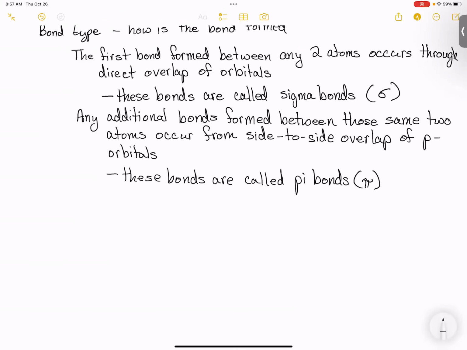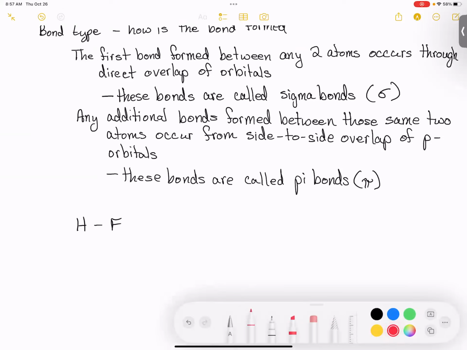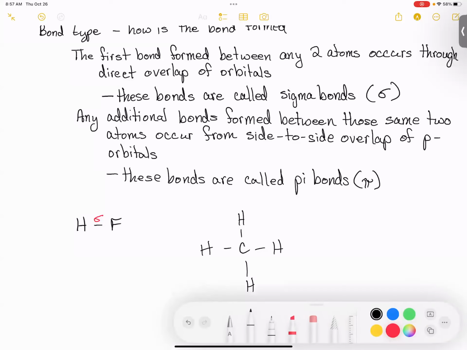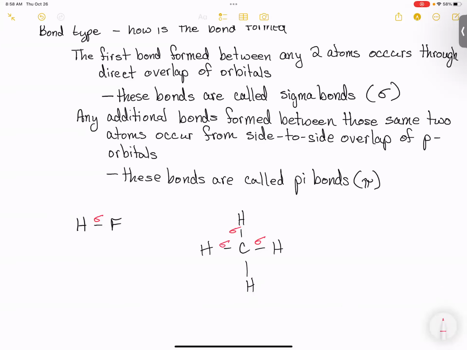So let's say I have an HF bond. Well, the first bond is going to be a sigma bond, so HF has only a sigma bond. I could have methane, and every single bond in that methane is going to be a sigma bond because there's only one bond between the two atoms.